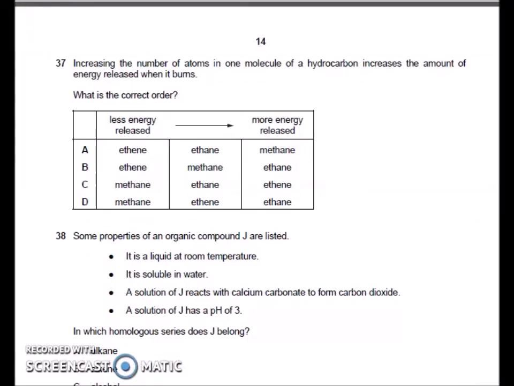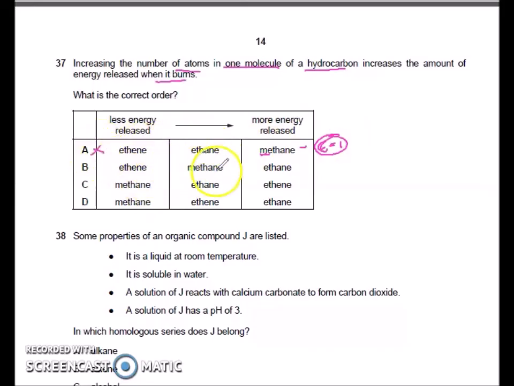Okay, 37 here. The increasing number of atoms in one molecule of hydrocarbon increases the amount of energy released when it burns. What is the correct order? Correct order here will be ethane, methane. Methane is C1. Okay, here you have 1 carbon. Here you have 2 carbons.